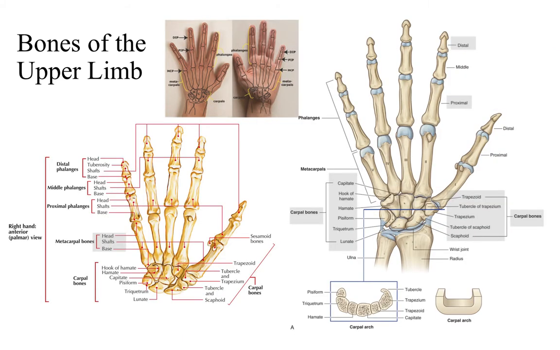All right, so the hand and the fingers. There's a lot in this particular slide to unpack. So let's begin by looking at this top picture where we see a dorsal view of the hand and a palmar view of the hand.